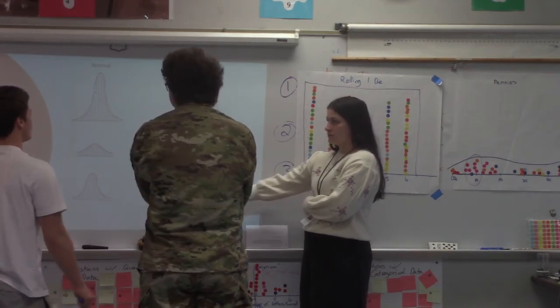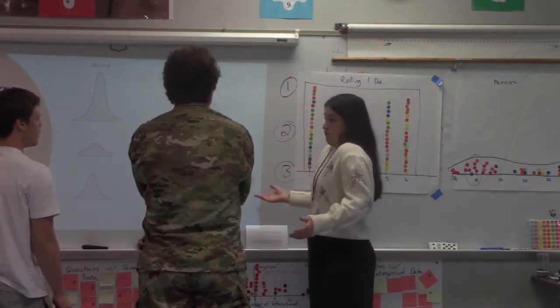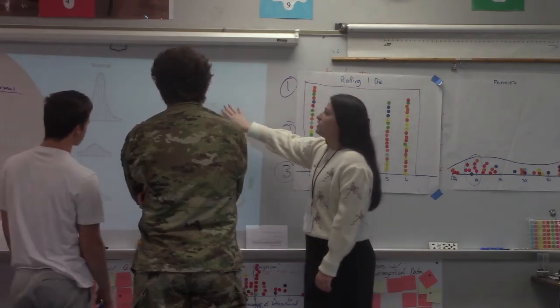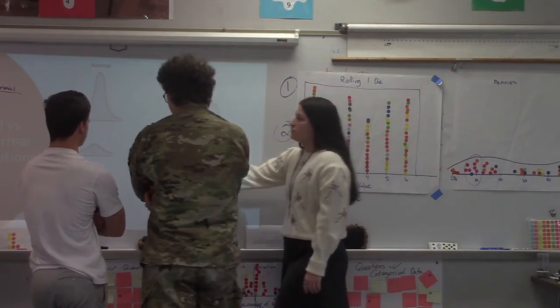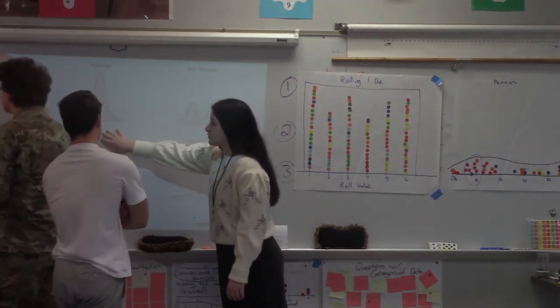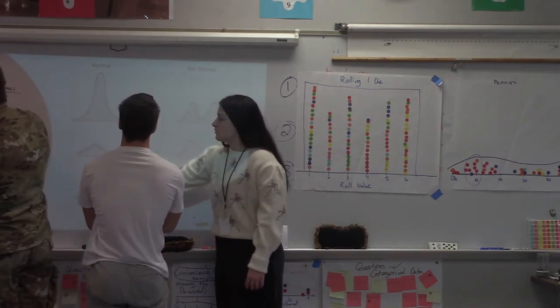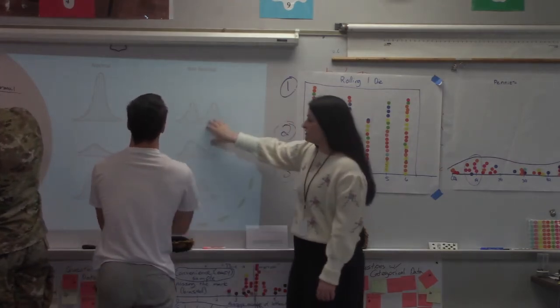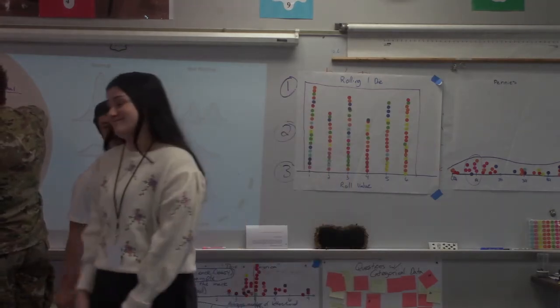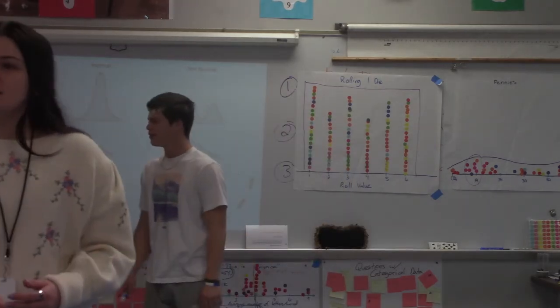Wait, what makes it not normal? You tell me. What do these have to not look like this? And what does this have to have in order to be normal? What does every single one of these three have that these don't?